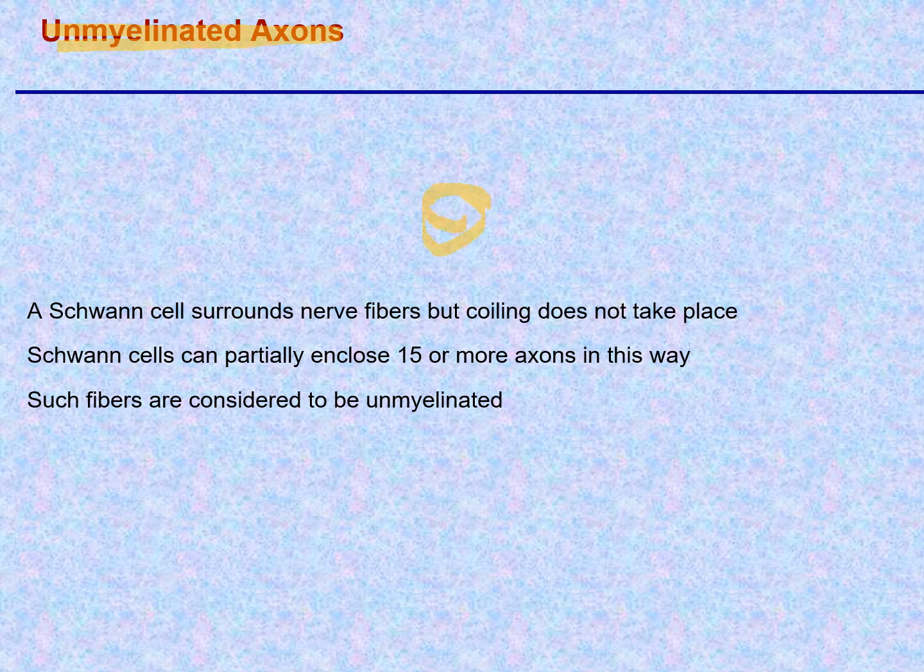Sorry, if this is the cross section of the axon here, and the Schwann cell is wrapping around, normally if there's a myelin sheath, it's multiple layers of the Schwann cell wrapping around, with the outer one being the neurolemma. But if it doesn't coil around it and just forms a single layer, then that's considered an unmyelinated axon.